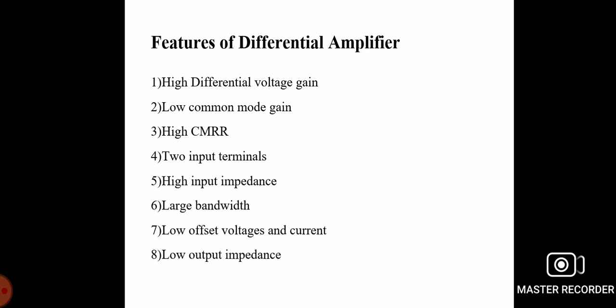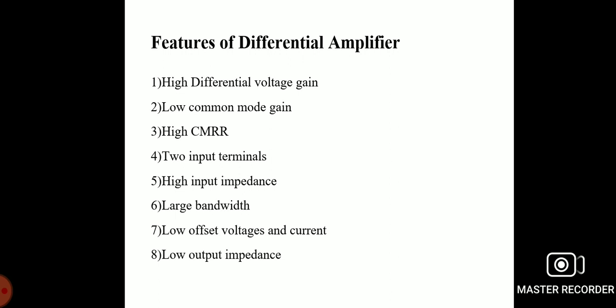Also a large bandwidth, then low offset values of voltage and current, and also a low output impedance. So the features of the differential amplifier are the main advantages in the analysis of electronic circuits.